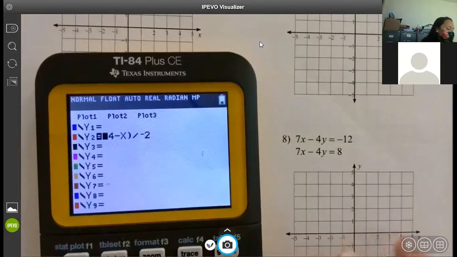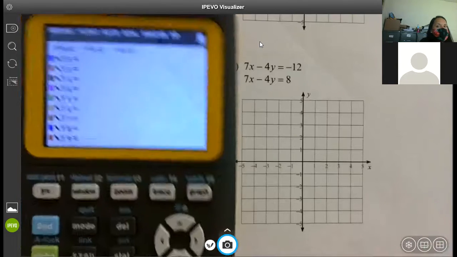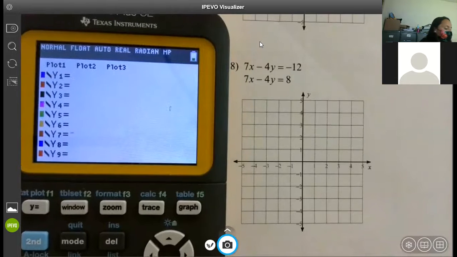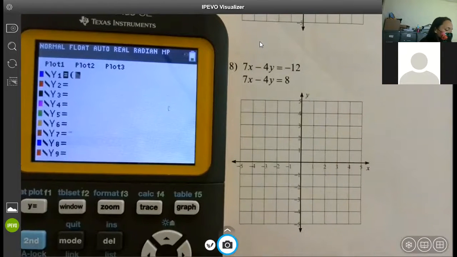Tell me what I put into y equals for this one. Number 8. What comes first then? Parenthesis -12. Move your 7, so subtract 7x and close that parenthesis. Divide by, what's your number with y? -4.